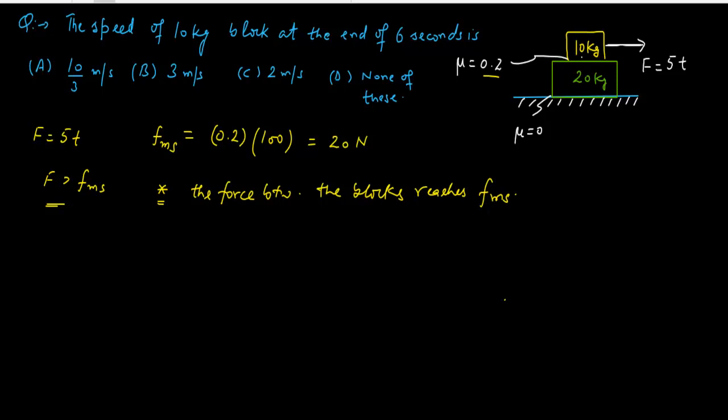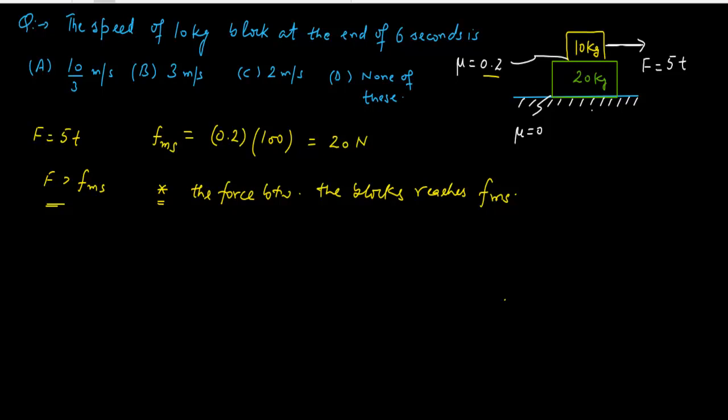If the force between these two blocks does not reach FMS, there is no relative acceleration of the 10 kilogram block with respect to the 20 kilogram block, and in such a situation both the blocks will move together with a common acceleration.